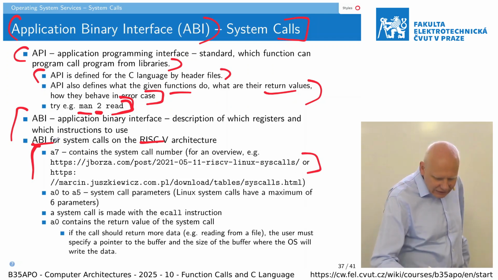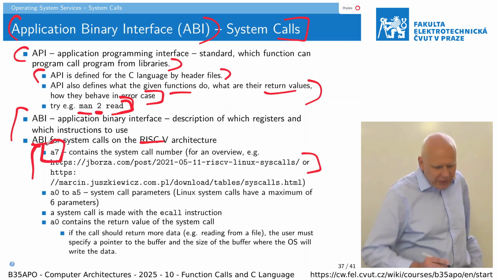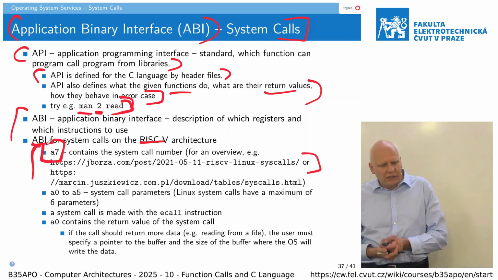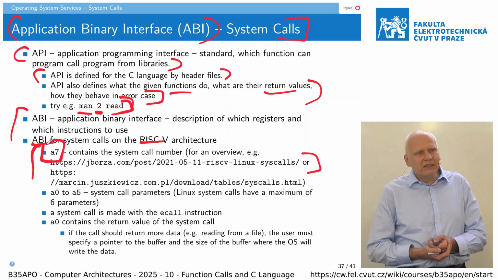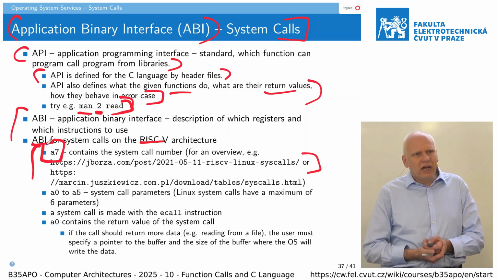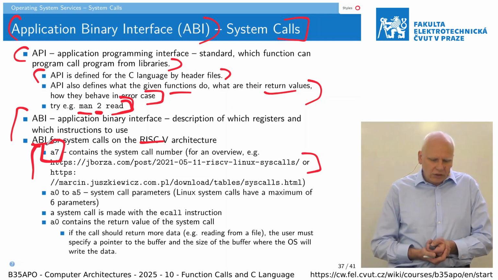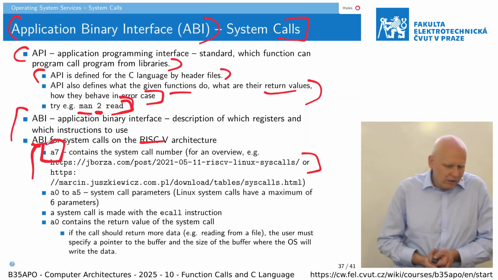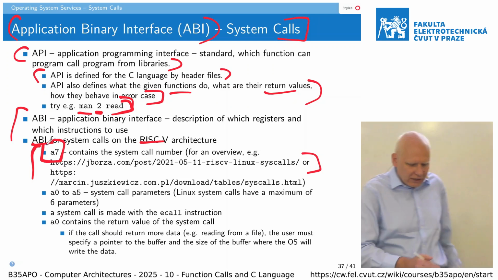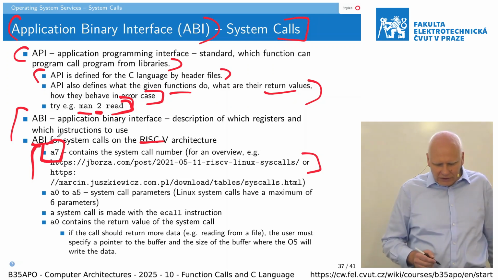In this case, the system call number is stored in the register A7, argument 7. But the Linux kernel needs at most 6 arguments in the registers, so it is not a problem that we left the 7, or in fact 8, argument reserved for the system call number.